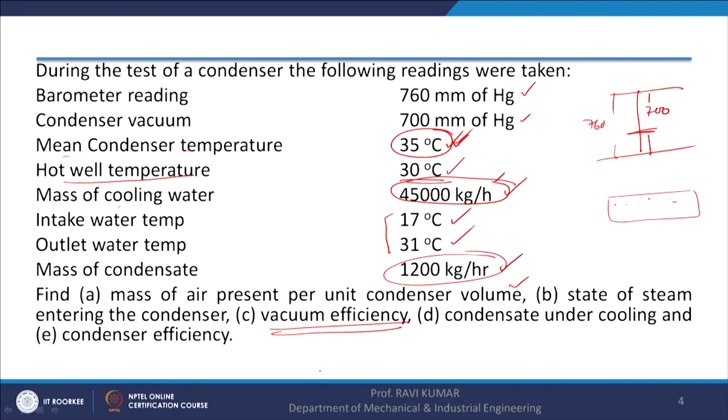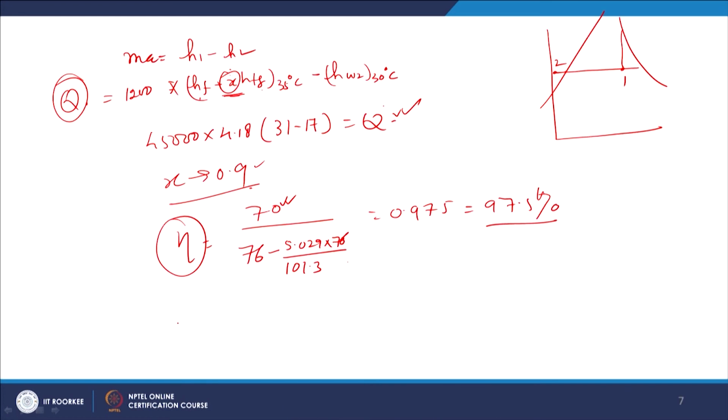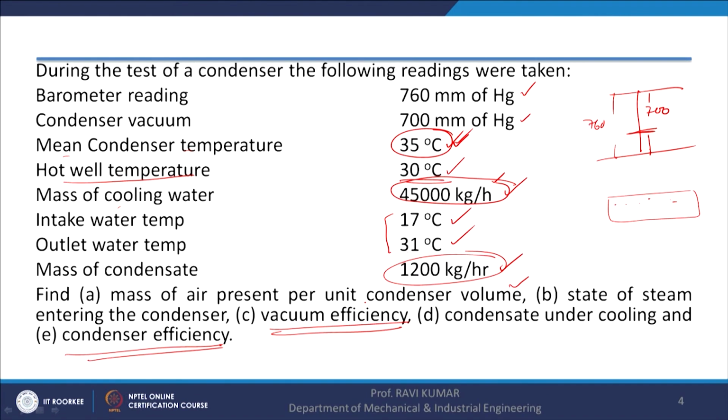And then the last one is condenser efficiency. The efficiency of the condenser is the actual temperature difference divided by the ideal temperature difference. Now the ideal temperature difference is 35 minus 17, because the condensing temperature is 35. And the actual is 31 minus 17.